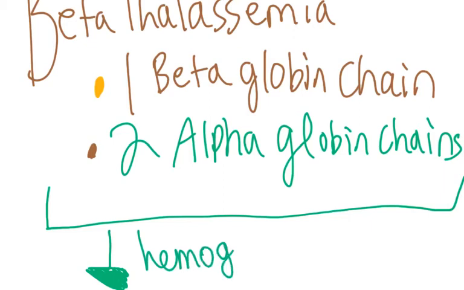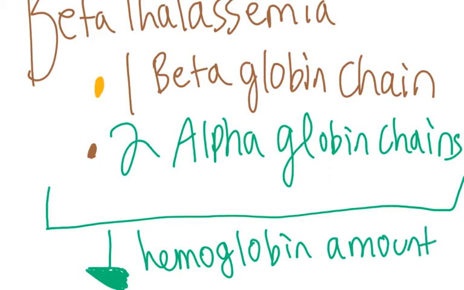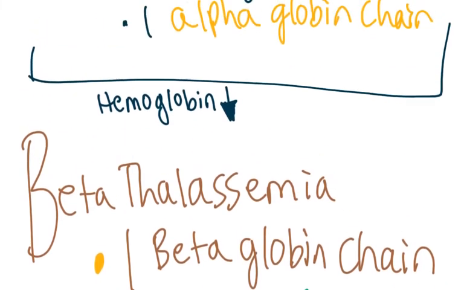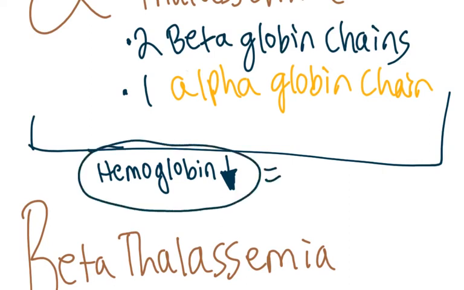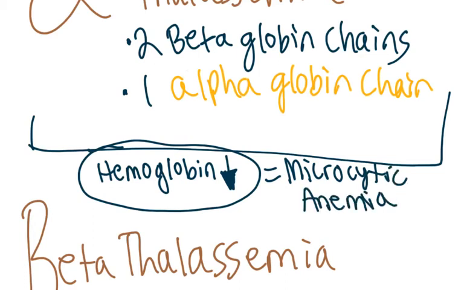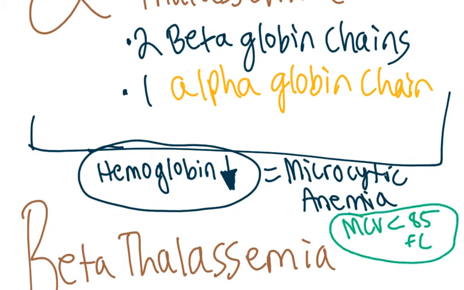So based on that, we know that thalassemia can be categorized as a type of microcytic anemia, because our mean corpuscular volume would be less than around 85 femtoliters, which means it's microcytic.